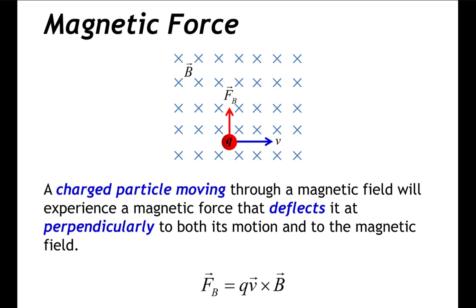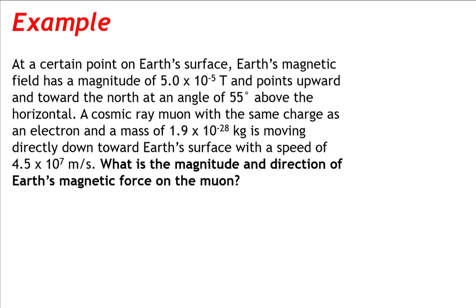Now let's explore this with the following example. At a certain point on Earth's surface, Earth's magnetic field has a magnitude of 5.0 times 10 to the minus 5 teslas and points upward and toward the north at an angle of 55 degrees above the horizontal.